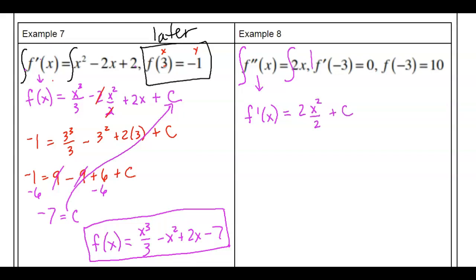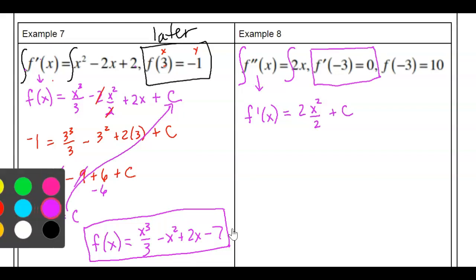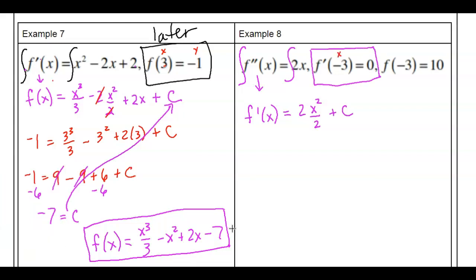Now, I'm given an initial derivative value. So this is x, and this is y, but of the derivative. And so I have the derivative here. So the y value of the derivative is 0. I'm going to reduce that. My x value is negative 3. Please use parentheses. And I can find c.